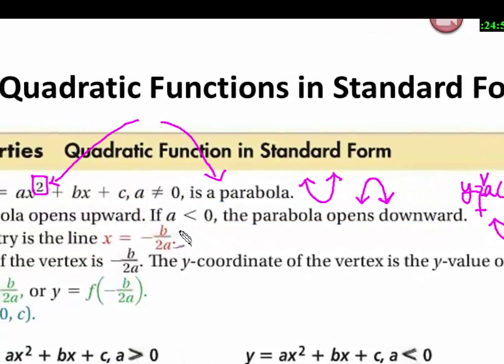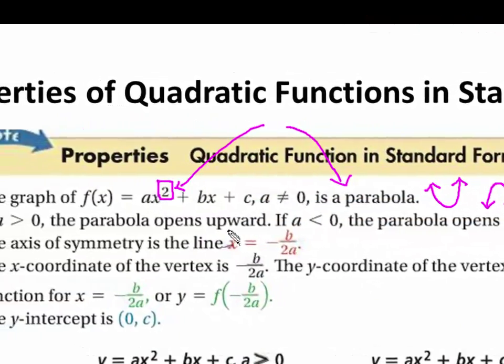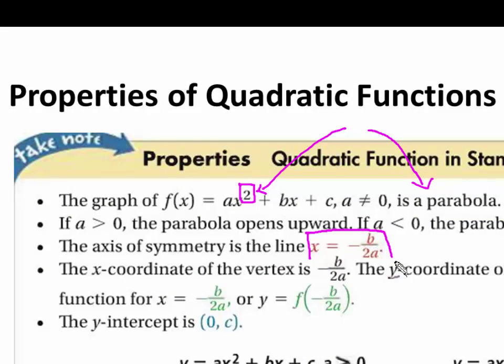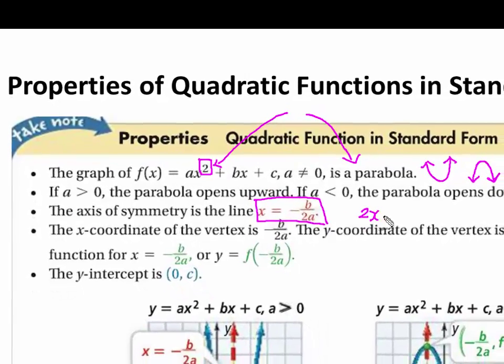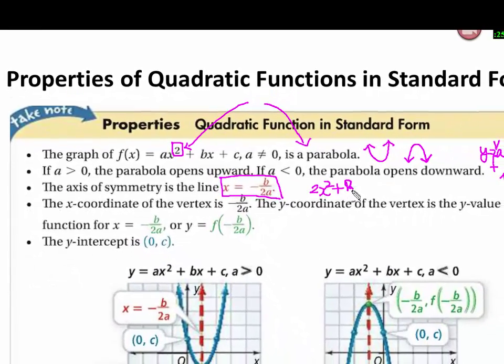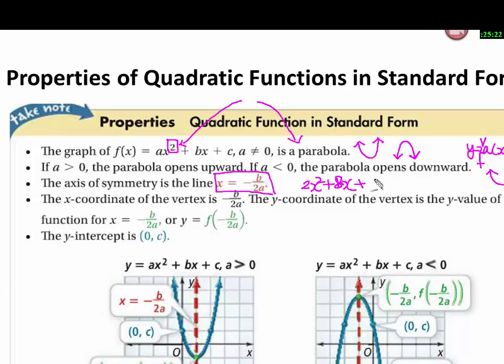Next, this is something new that you have to learn in this unit. For the axis of symmetry, for a parabola, it is equal to minus b over 2a. For example, if you have 2x squared plus, say, 8x plus 5, the axis of symmetry, which is its equation of line, has to be x equal to negative b over 2a.